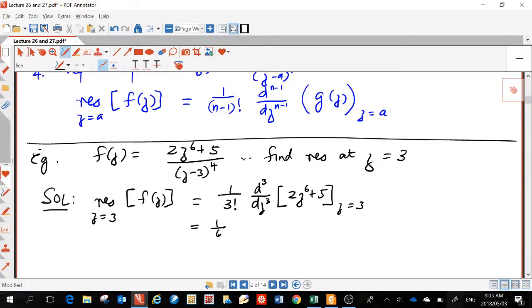That'll be 1/6 d^2/dz^2. Let's do one derivative at a time. 6 2s are 12 z^5 plus 0. The next derivative will be 1/6 of d/dz. 5 12s are 60 z^4.